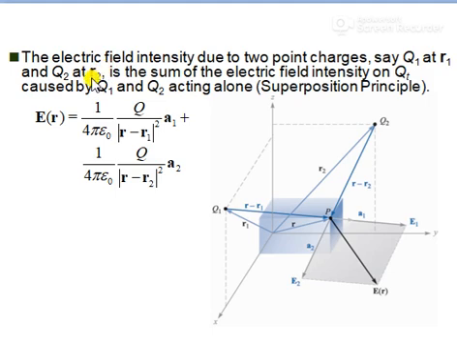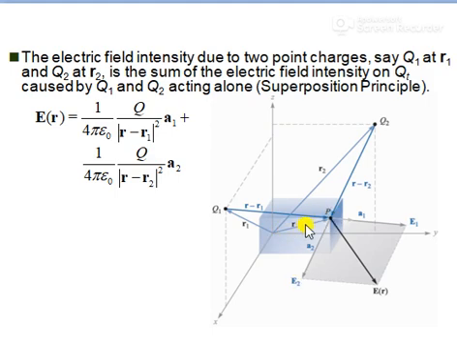Now the electric field intensity due to two point charges, say Q1 at R1 and Q2 at R2, is the sum of the electric field intensities on Qt caused by Q1 and Q2 acting alone. That is the superposition principle. Here you can see in the diagram the x axis, y axis and z axis.